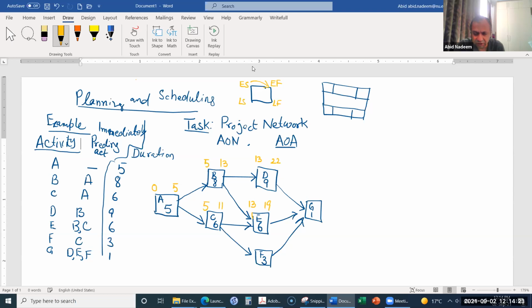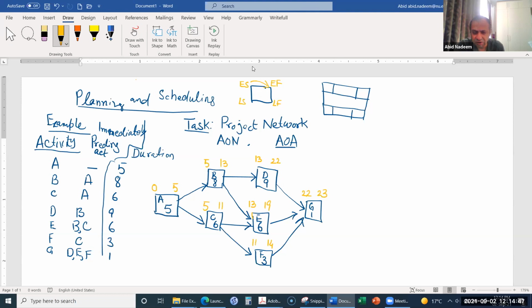For activity F, what will be the value? 11. 11 plus 3 will be 14. Now we have completed D, E, and F. Only activity G remains. For activity G, what will be the early start value? 22. And 22 plus 1 will be 23.